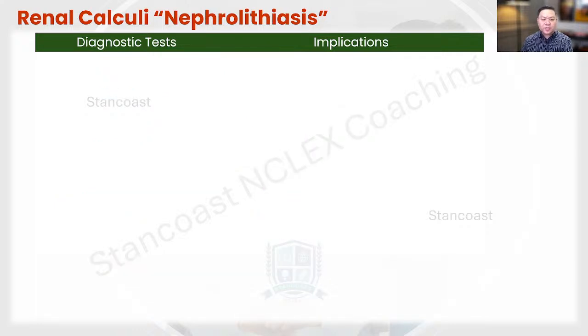Now, at this point, we're going to talk about the different diagnostic tests. And so here we go. The KUB, known as the kidney, ureter, bladder, which is a radiologic study. It's a plain radiography, and this is going to be the first test that will identify the stones. Like I've said, some of those stones will not be easily seen.